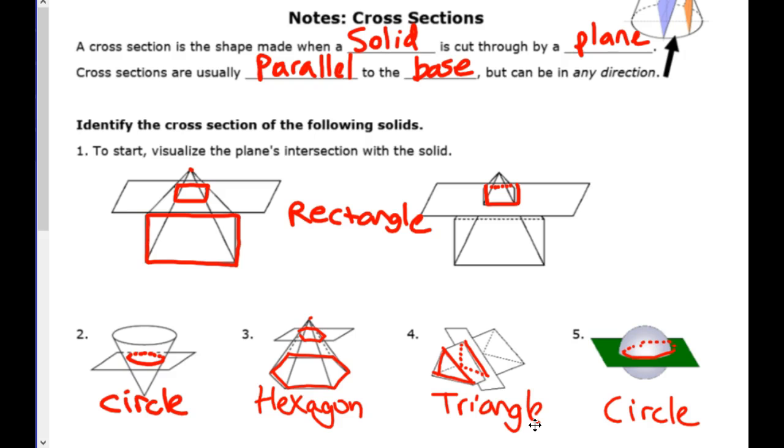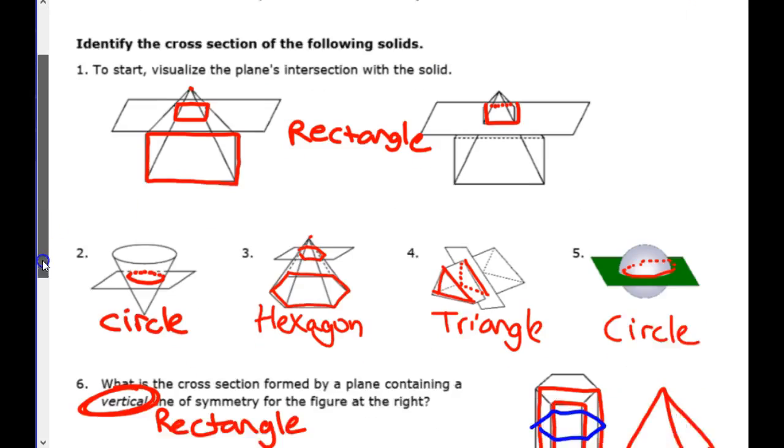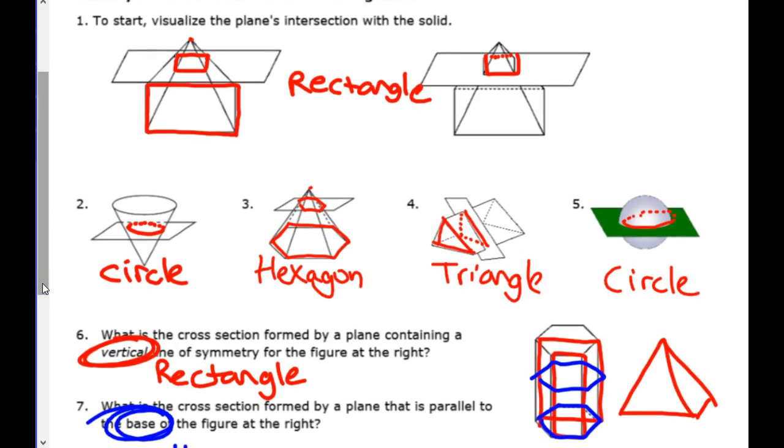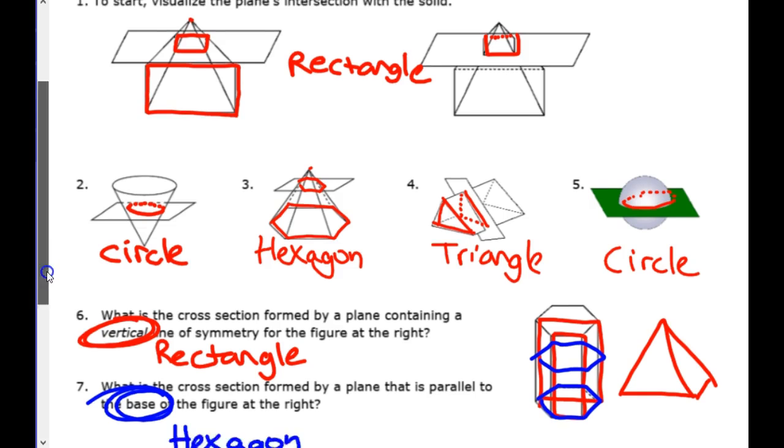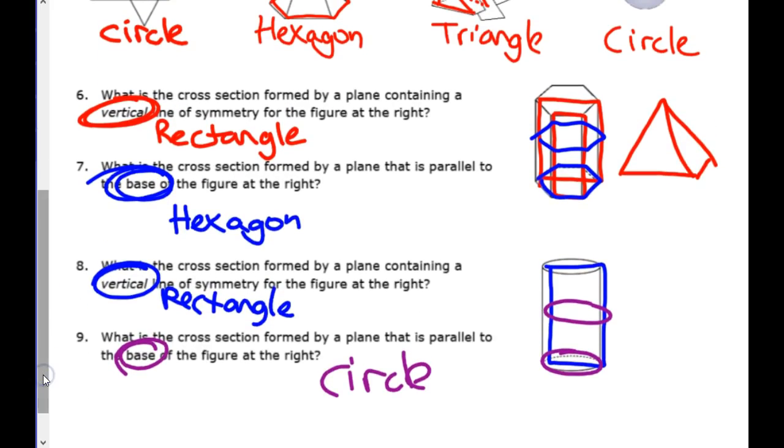So here's the other cross sections we talked about yesterday. As long as you cut parallel to the base, you're going to get the exact same shape as the base, right? However, on a sphere, there is no base, but that's obviously a circle when you cut it, right? So we talked about down here, what happens if you cut it vertically?